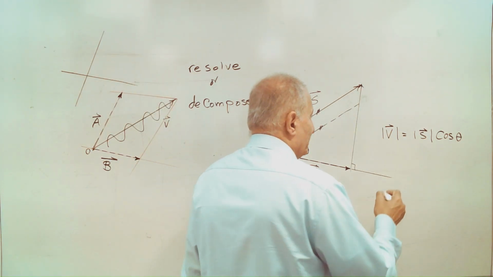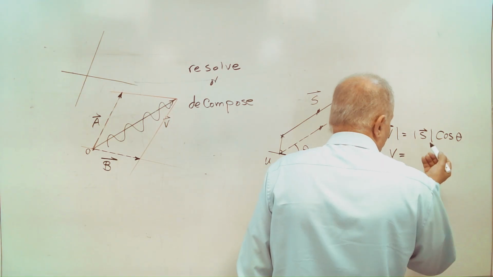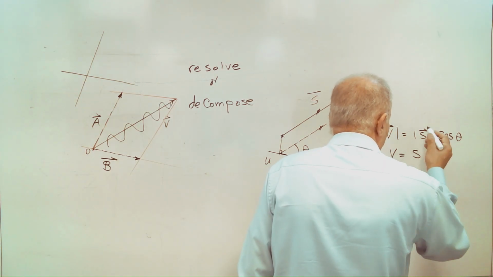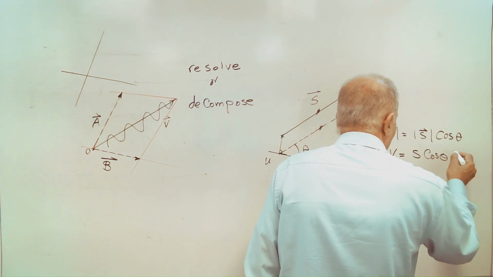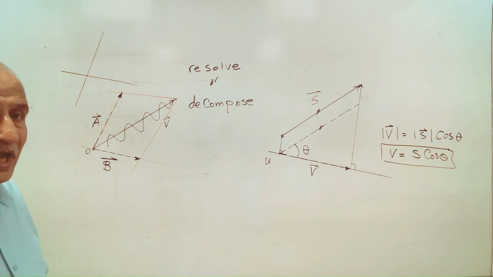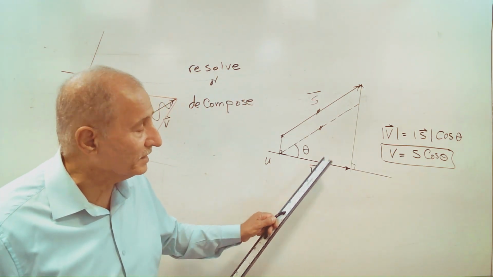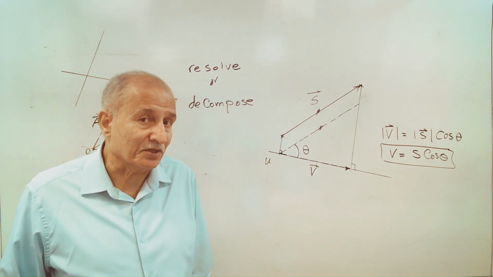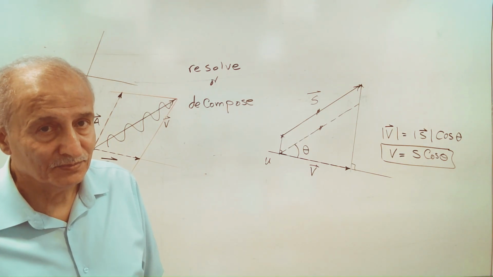Or you can say the magnitude of V, which we show simply by V, equals the magnitude of S times cos theta. That's the relation between a vector and its projection on any direction. You can project a vector in many directions.